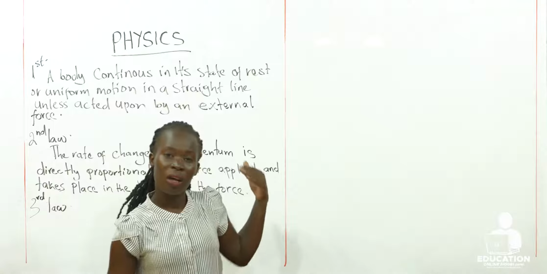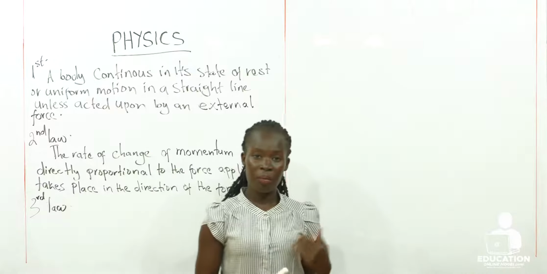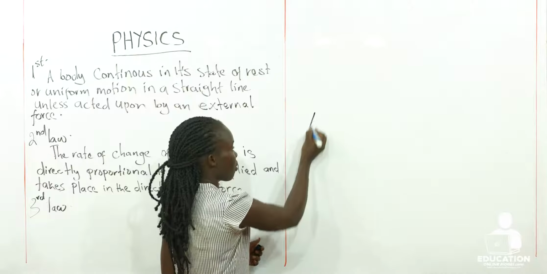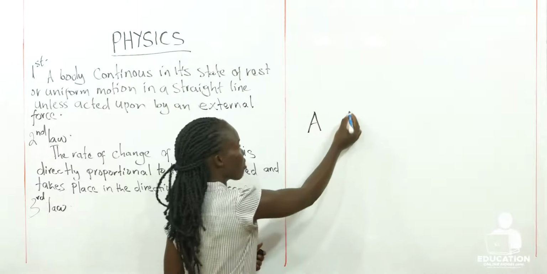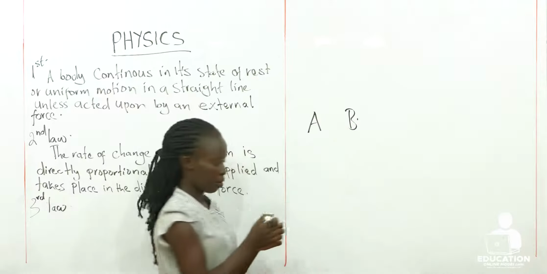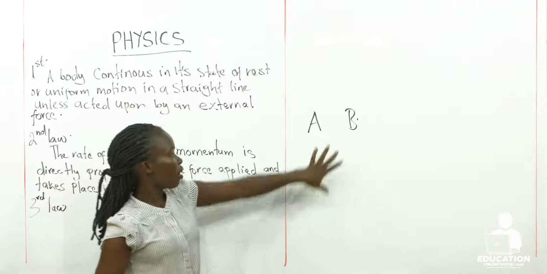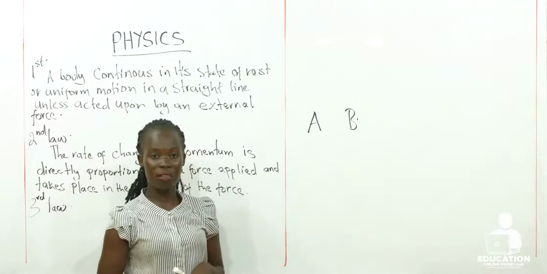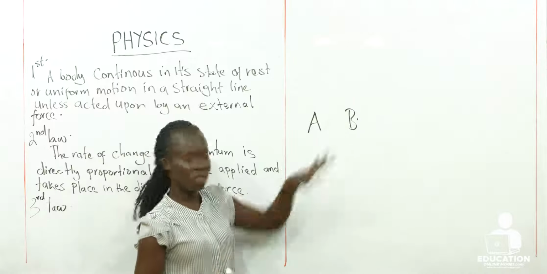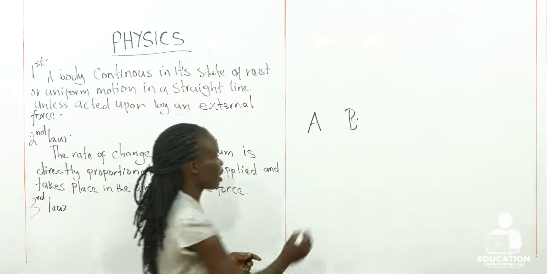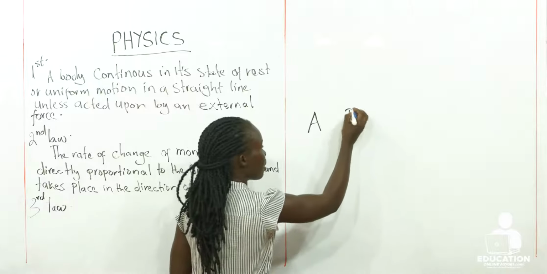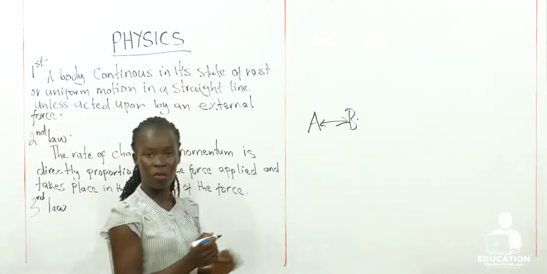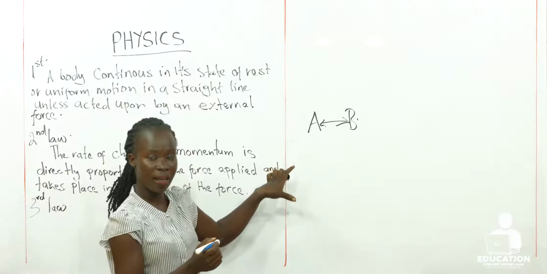So now, take an example of two objects here. If you have your A and then B, these are two materials, or we can say two objects. We are going to make them touch each other. If you put them like this, that means there is a space between the two.